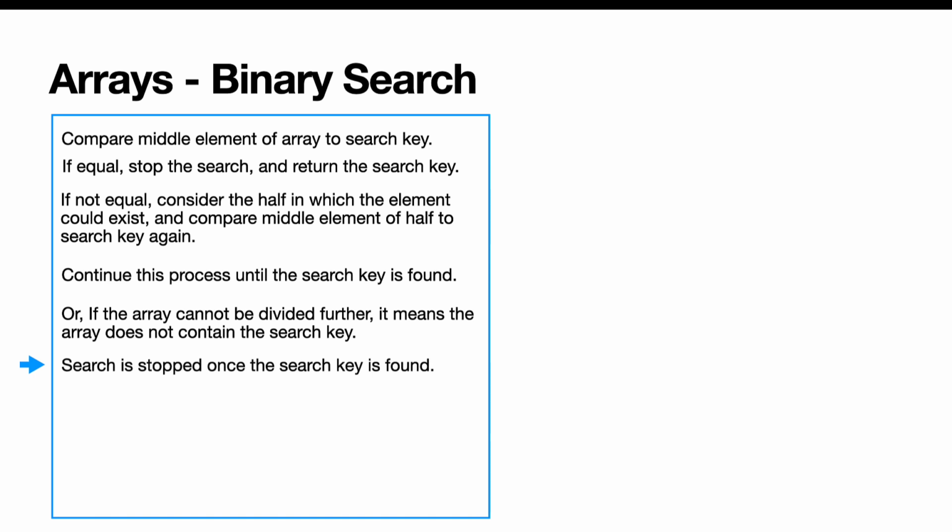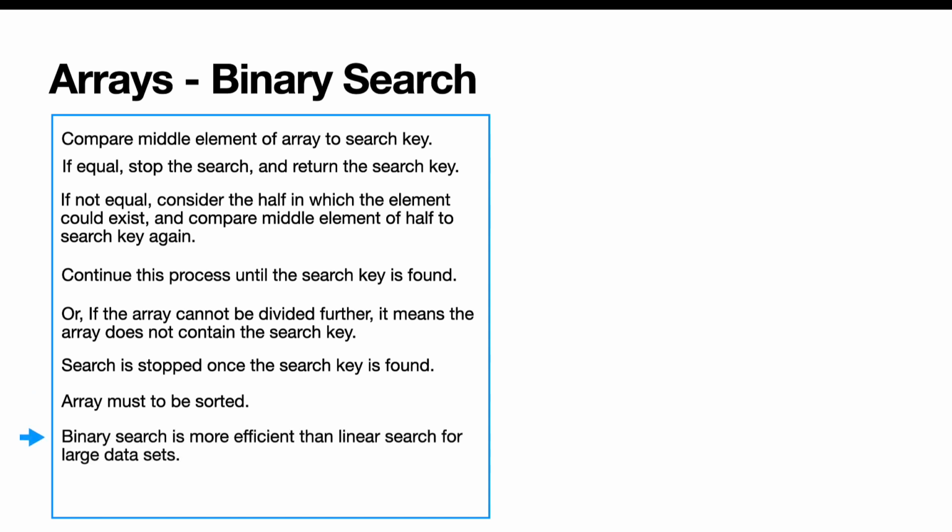Usually the search is stopped once the search key is found. One of the prerequisites to perform a binary search is that the array must be sorted. Binary search is more efficient than linear search for large data sets.